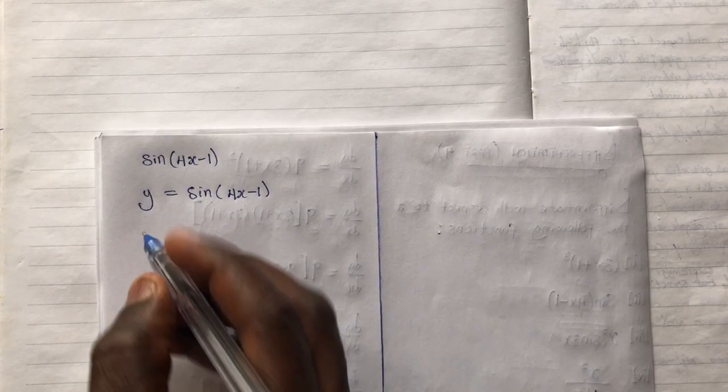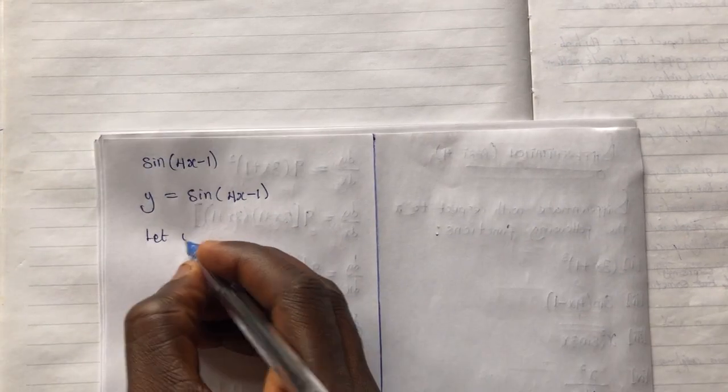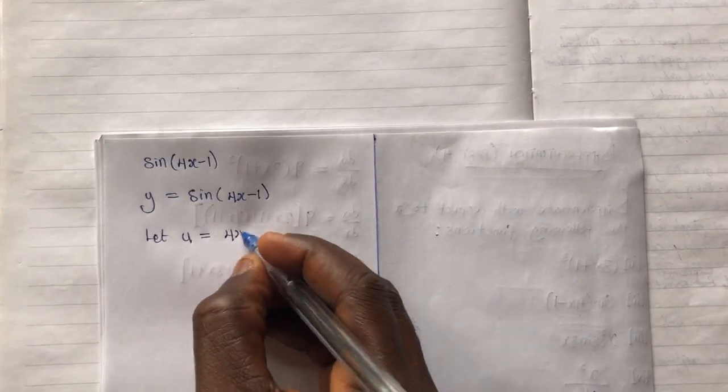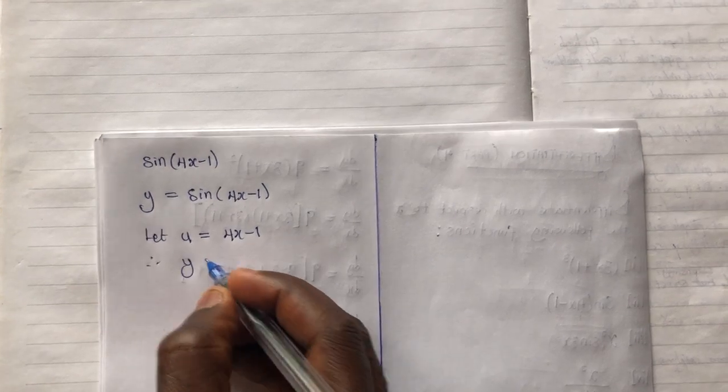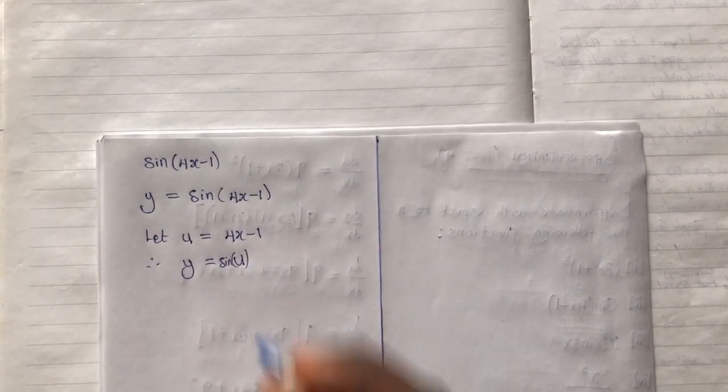So what you need to do is that we can also apply chain rule here to solve this. So I'll name everything inside the bracket with the variable u. So I'll say that let u be equal to 4x - 1. So the main function will become y equals sine u.